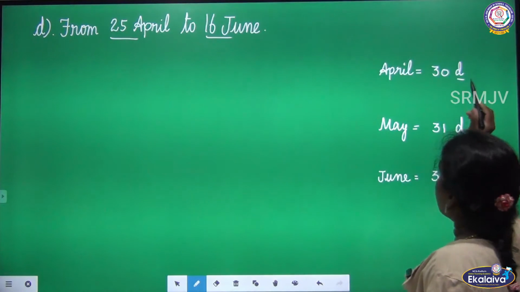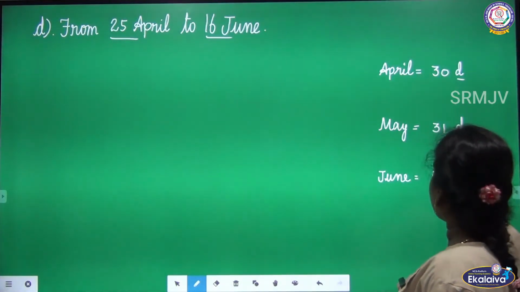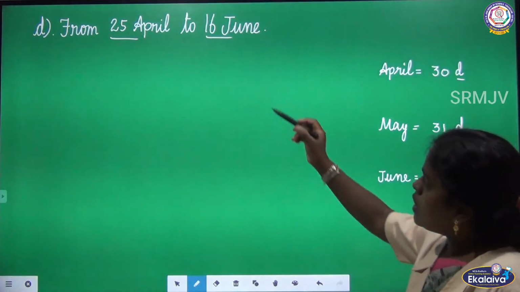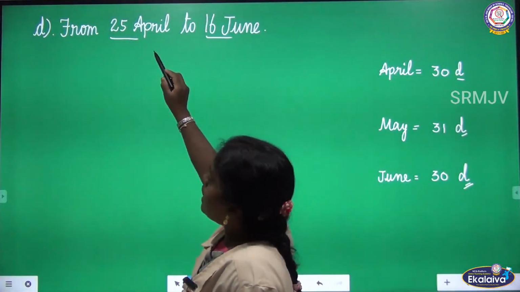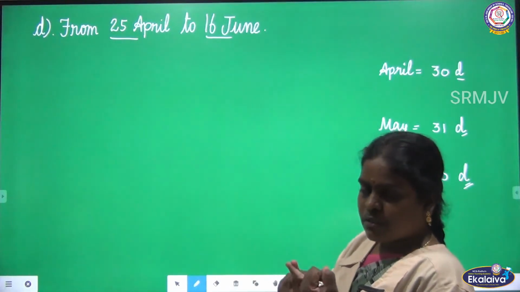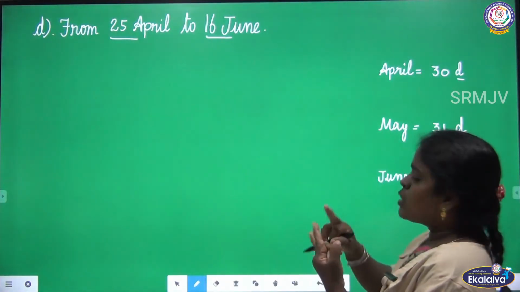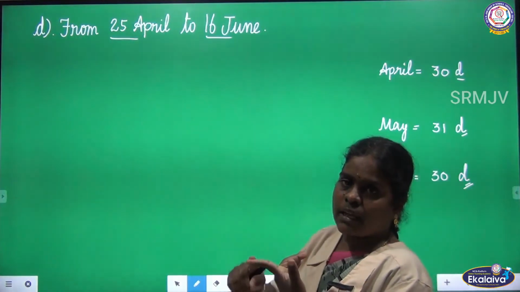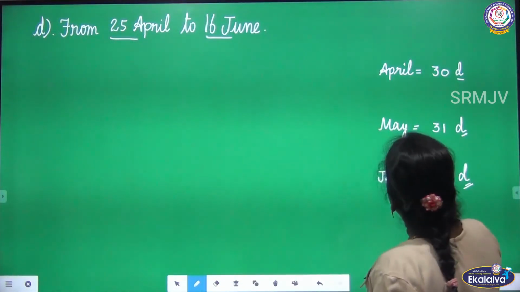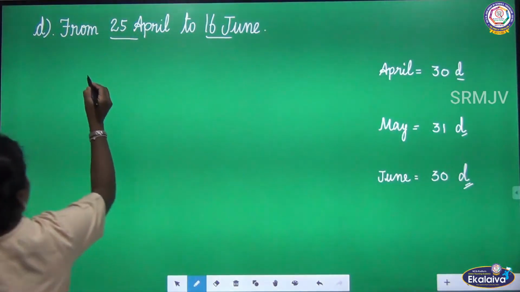April month we have 30 days, and May 31 days, and June 30 days. Listen, in April month we are going to count from 25th. So 25, 26, 27, 28, 29 and 30. We have 6 days in April month.